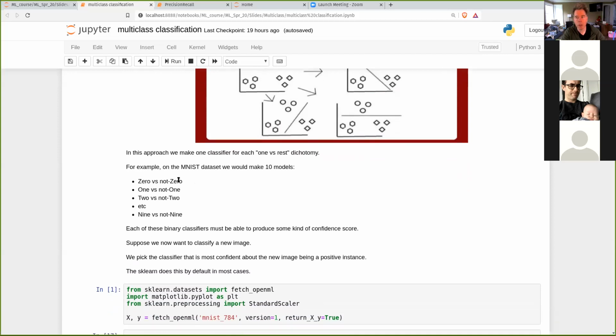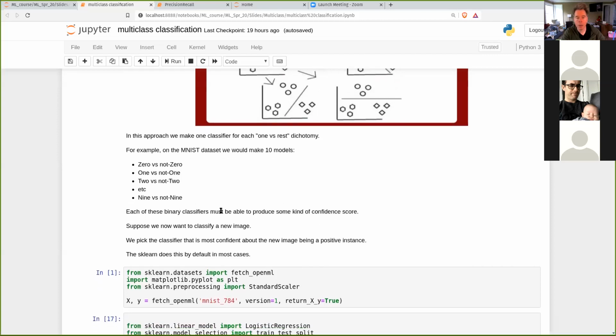One model would be 0 versus non-zero, another would be 1 versus not 1, 2 versus not 2, and so on up to 9 versus not 9. So for every class, you have one classifier. For this to work, each classifier has to be able to produce some kind of confidence score. Most models can one way or the other. Logistic regression does it really naturally, but there are ways you can force pretty much everything to produce some kind of confidence score.